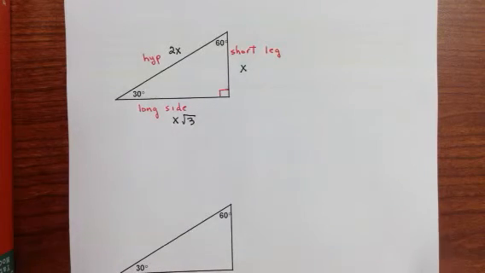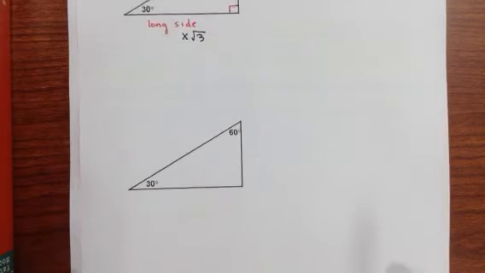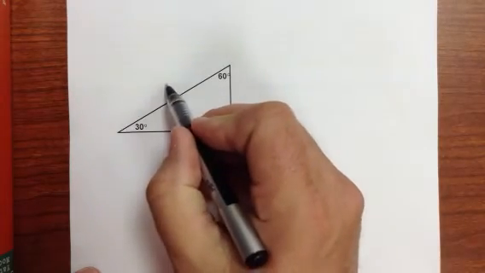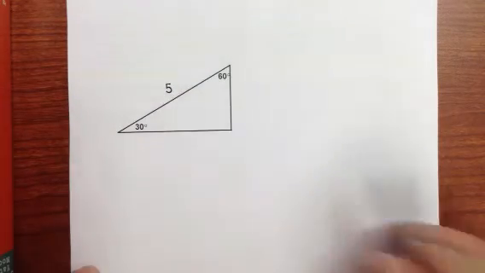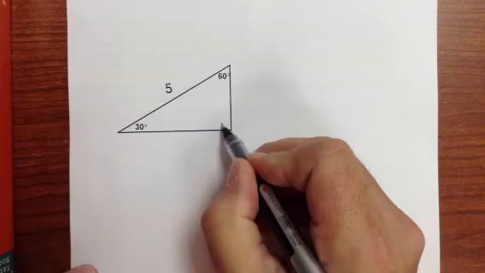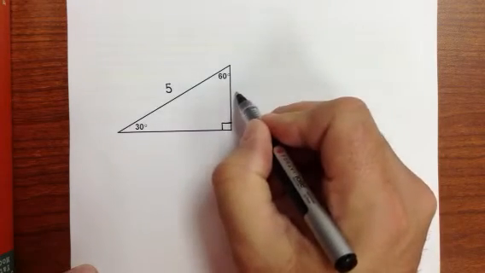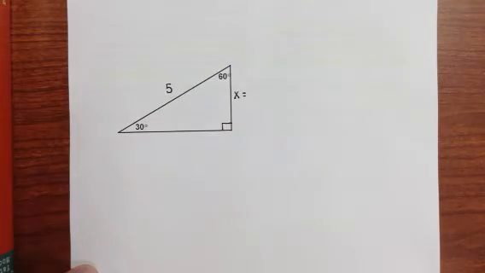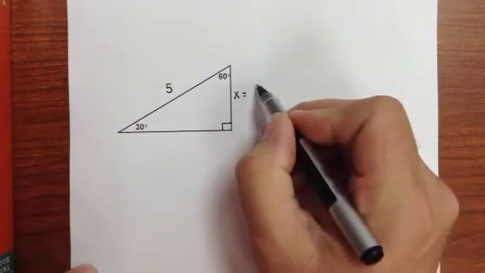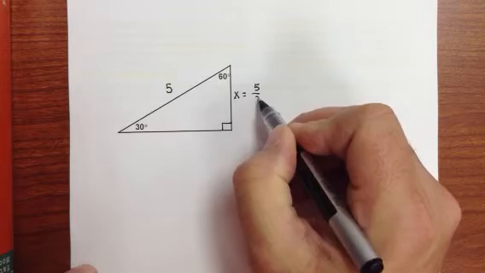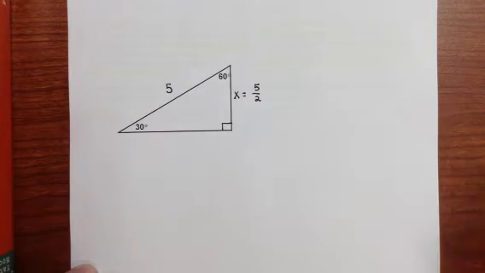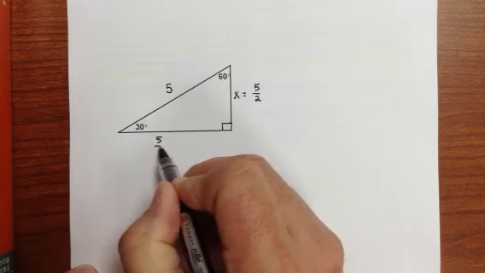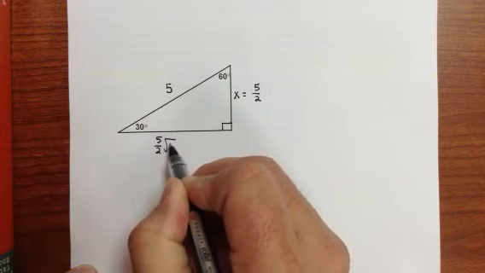Okay, so for example, if I have a 30, 60, 90, and let's say the hypotenuse is 5. If this is the short side over here, x is going to be half as big, and the long side is going to be radical 3 times as big.